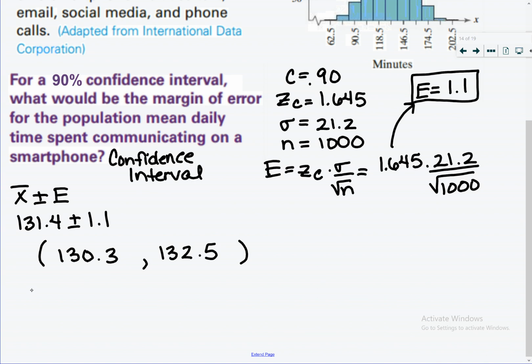So there's a few different ways you can word this. You would say, let's do the probability one for this one.